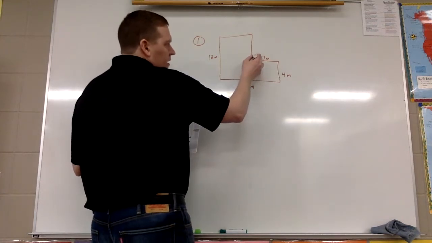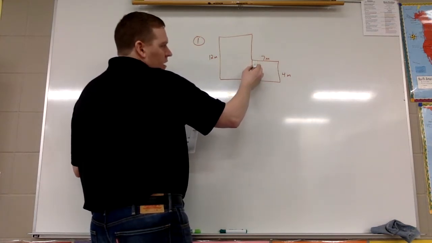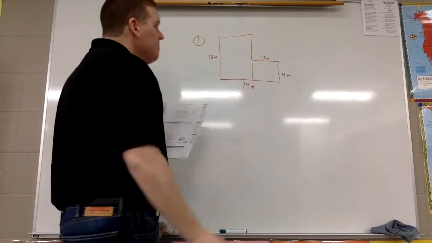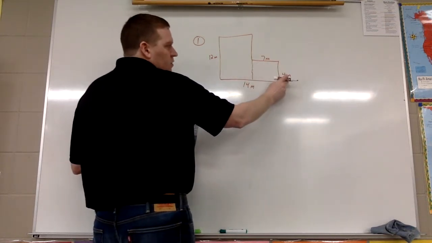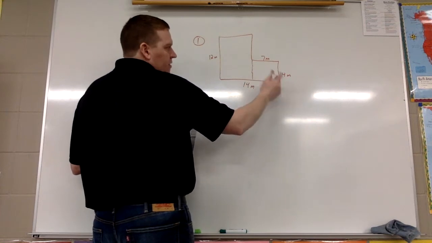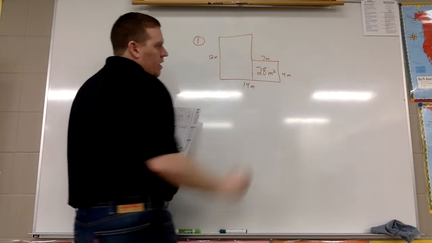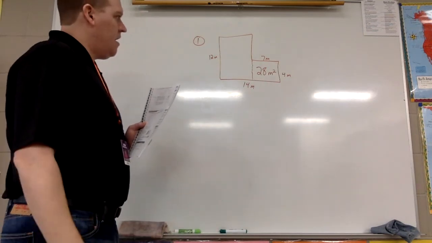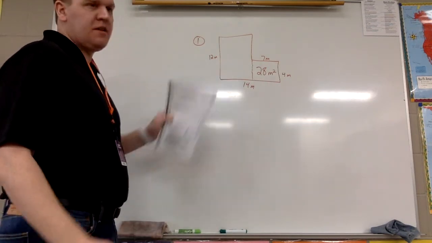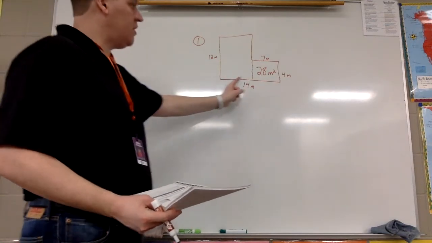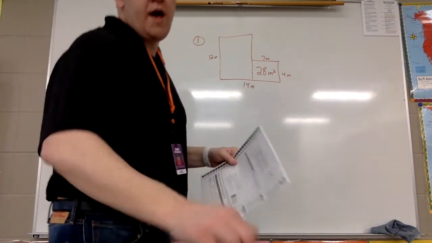So like if I had to put a dotted line down here and I divide it into 2 different rectangles, I can go 7 times 4, length times width is 28 meters squared, okay? And over here, I just have to be careful not to take 12 times 14, because 14 goes the whole way, right?